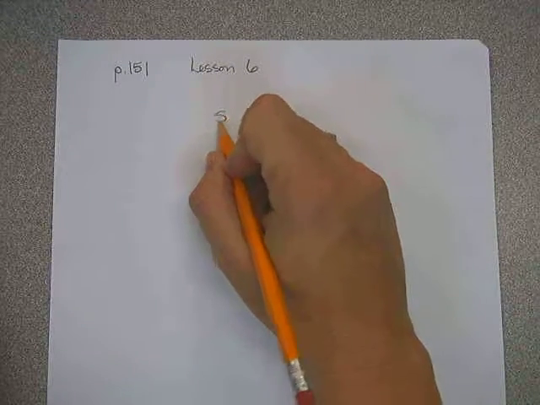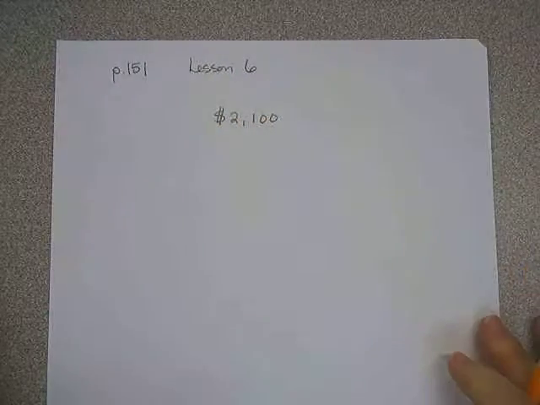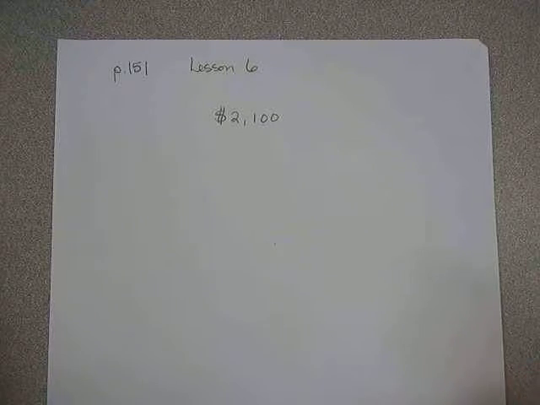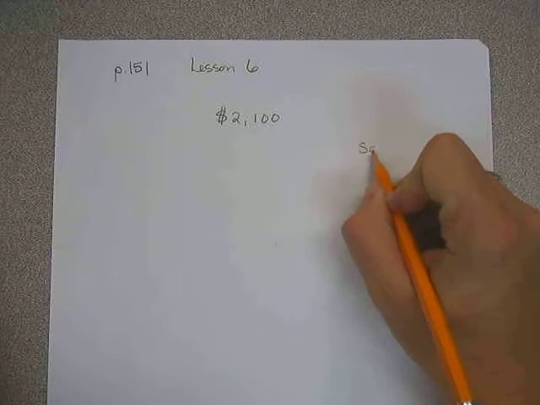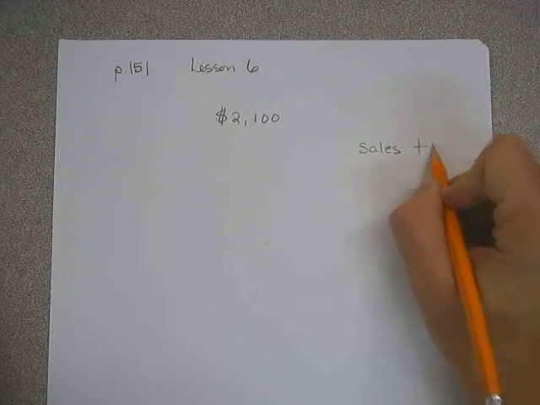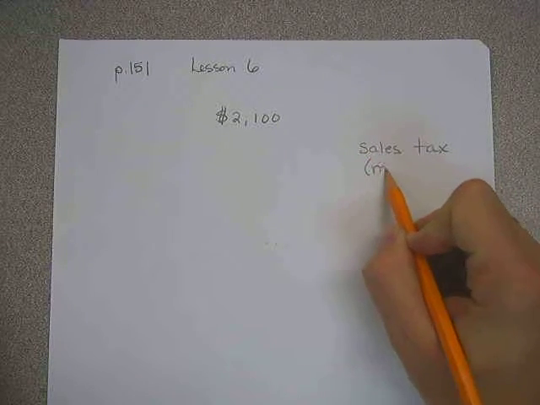Alonzo plans to buy a new kayak that costs $2,100. But when he buys the kayak, it actually costs more because he lives in a country where there is a 7% sales tax. So we're going to talk about sales tax, and the idea of sales tax is that it really is what's called a markup.